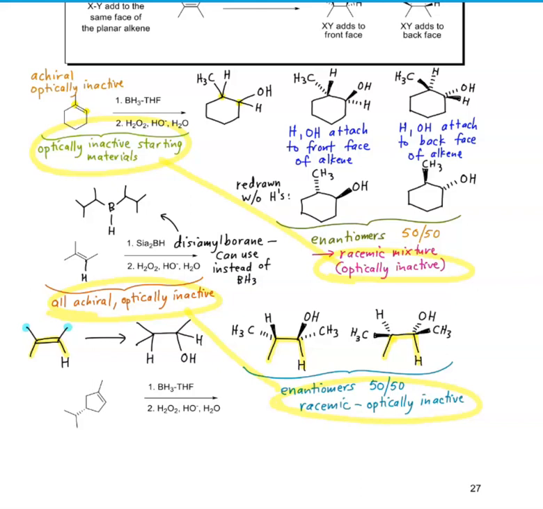Okay, this alkene is a little bit different than the ones that we've been looking at so far. And the reason for that is because this one actually is chiral, and thus it's optically active. So we're using BH3·THF again, hydrogen peroxide, and aqueous base.